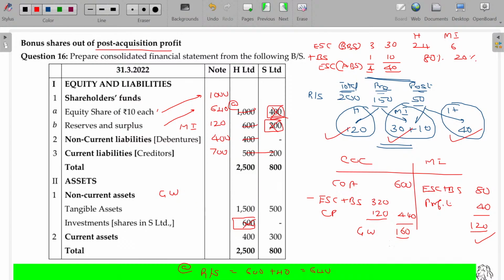Goodwill 160, 2000 tangible assets, and this will be 700, 2860, 2000. Okay, clear? Text me.